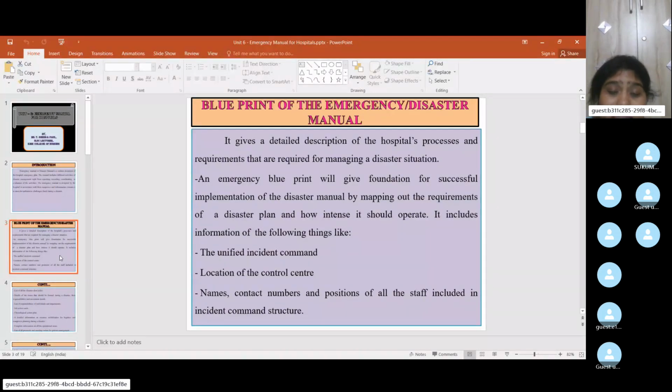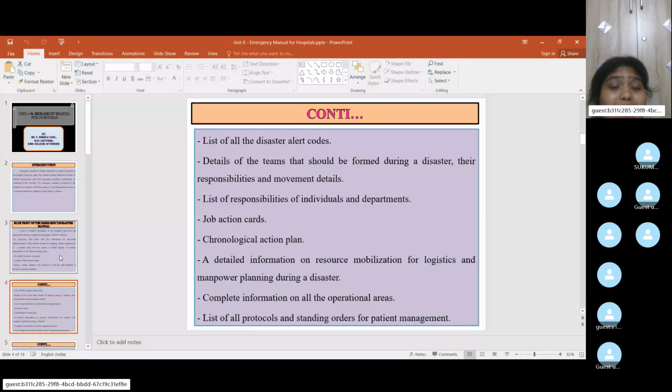All disaster alert codes should be placed in all the units as well as over the whole hospital. Then, according to their ability, job authorities should be delegated to people. Every individual and every department should take initiative whenever a disaster outbreak happens.